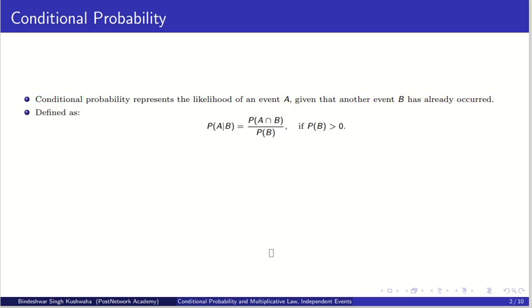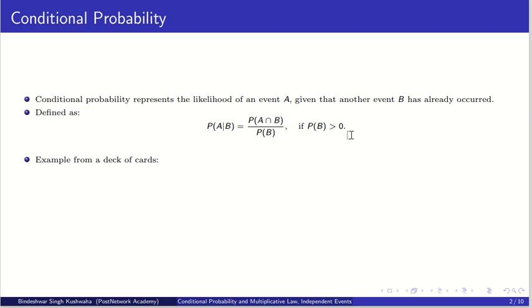P of A given B. Event B has already occurred. It equals P(A intersection B) upon P(B), where P(B) should be greater than 0.